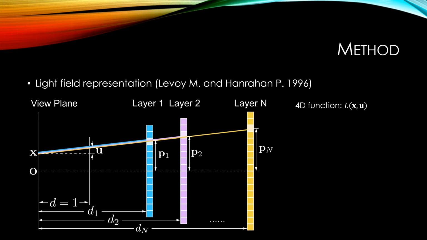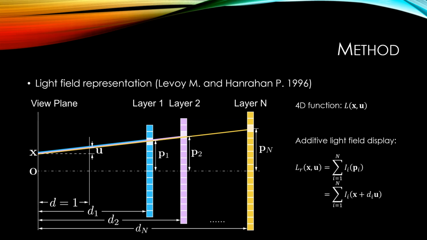Another plane is 1 unit away from the view plane. For an additive light field display, several transparent display layers are placed at different distances from the view plane, defined as d1 to dn. The constructed light field can be calculated using the formula. It's the sum of all layers with a simple coordinate transform.